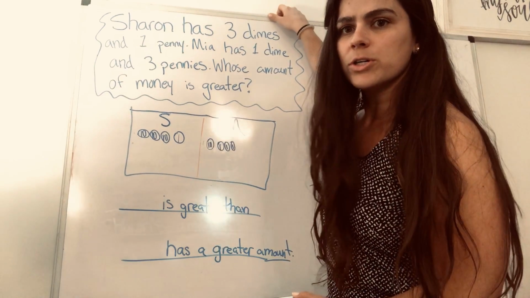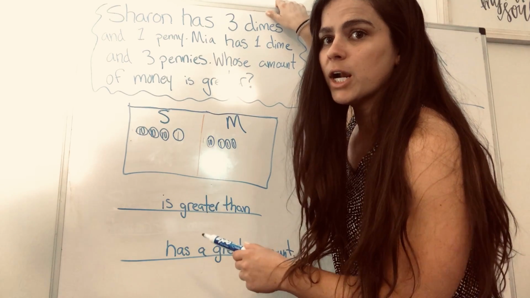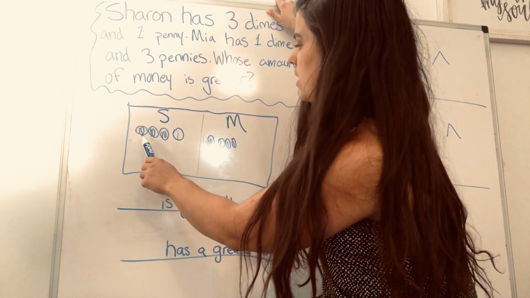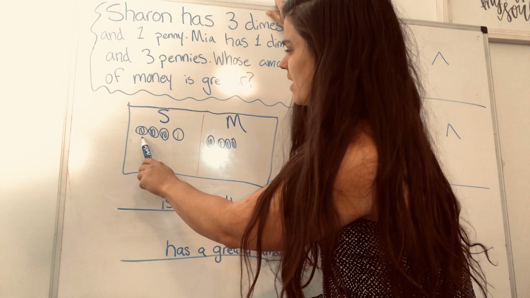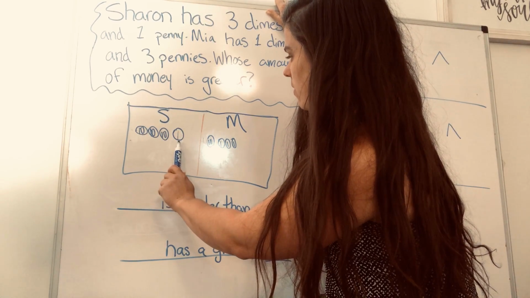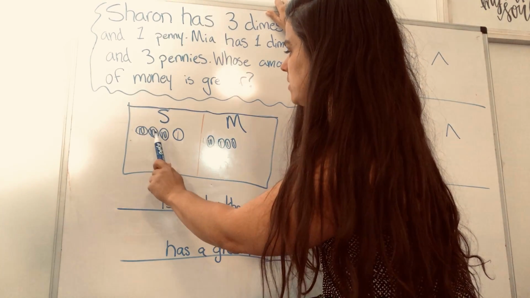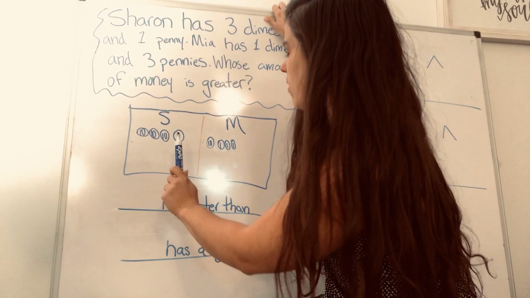So now in order to see who has more, whose amount is greater, I need to work it out. So if I'm counting the dimes, I'm going to be counting by 10 because there's 10 inside. And when I count the penny, I'm going to count by ones. So 10, 20, 30, 31.